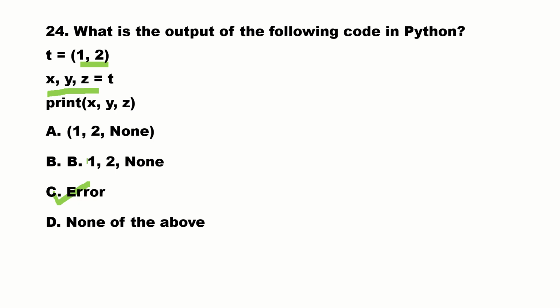Fewer values are in the tuple than the number of variables available for unpacking. 3 variables are there, but only 1, 2 are given. So in such a condition, an error will be raised. This is an important thing.